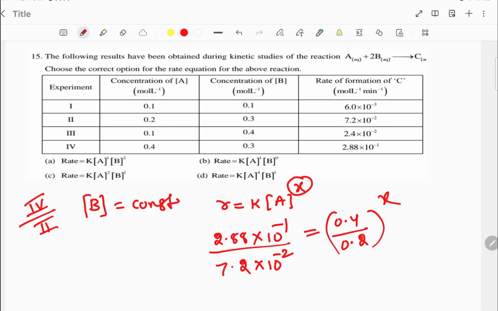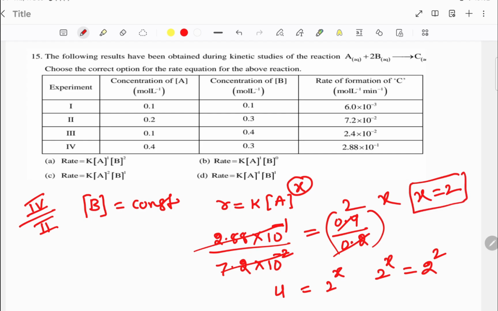After simplification we get 4 is equal to 2 power x, and 2 power x is equal to 2 power 2, so x is equal to 2. It means with respect to A, the order is 2.